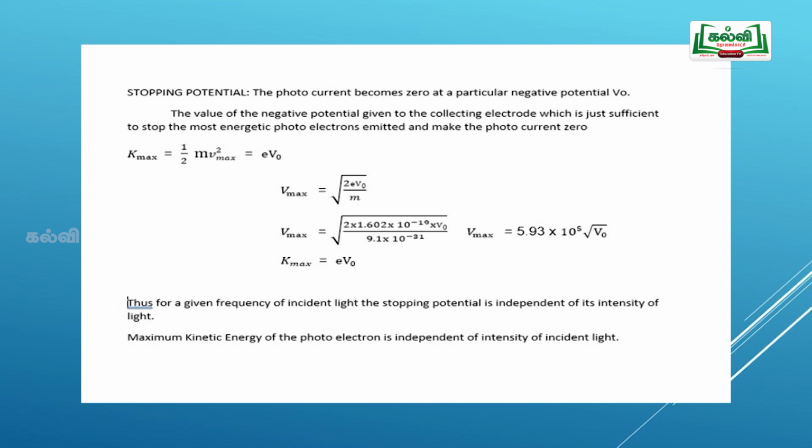When you substitute the values, you will get v max = 5.93 × 10^5 √V0. So the maximum kinetic energy is eV naught. Thus, for a given frequency of incident light, the stopping potential is independent of its intensity. The maximum kinetic energy of the photoelectron is independent of the intensity of light.